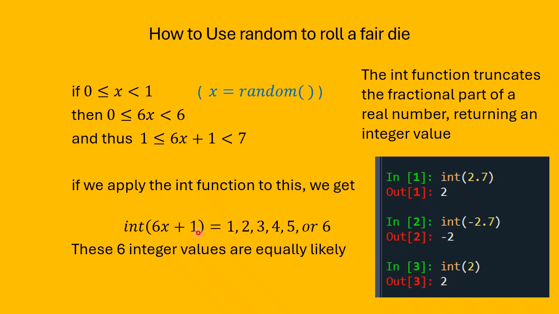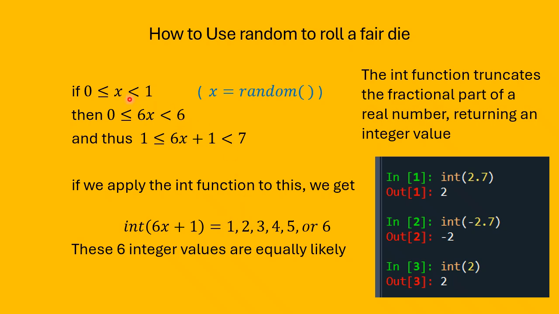So we now know that this gives integers, and it turns out that these integer values are equally likely. And you might ask, well, why is that true? Well, if 6x plus 1 is greater than or equal to 1 but strictly less than 2, then the int of that is going to be 1.